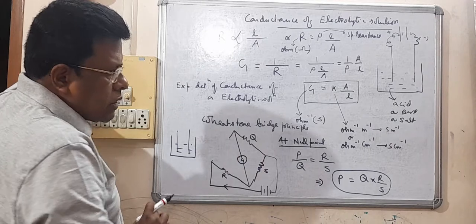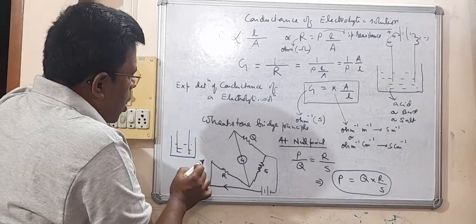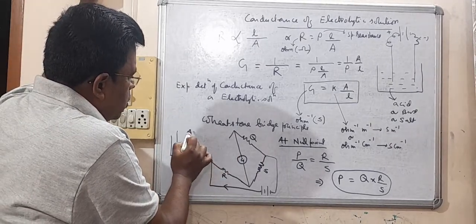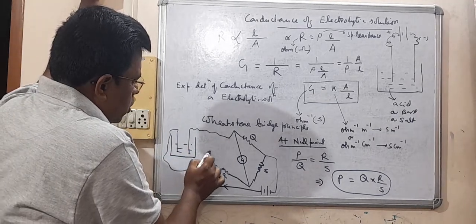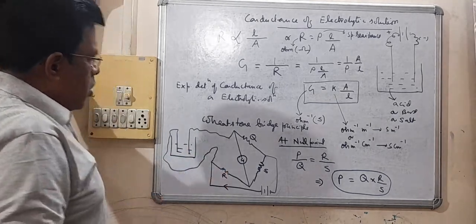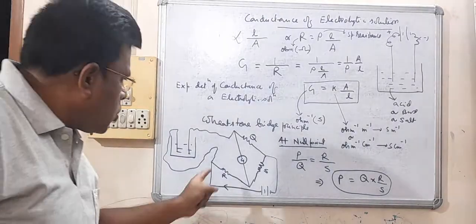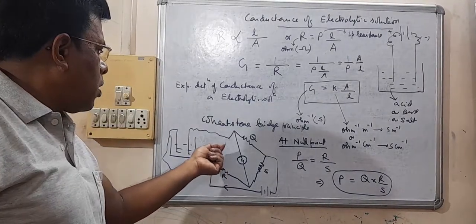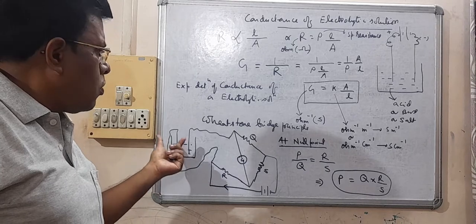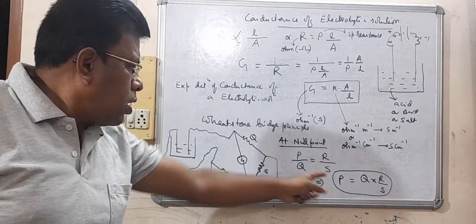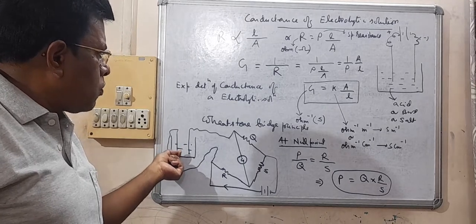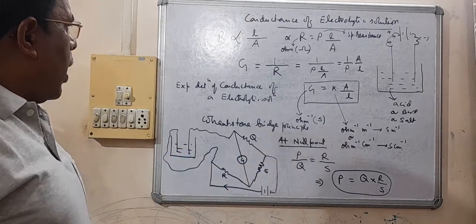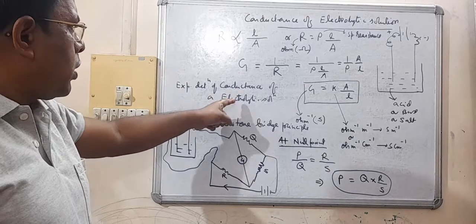There are 4 arms in the Wheatstone bridge. Okay, so you see what we will get here is resistance of this solution, and we are trying to find out conductance.